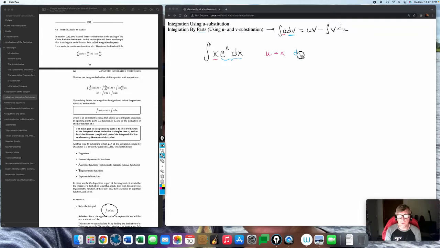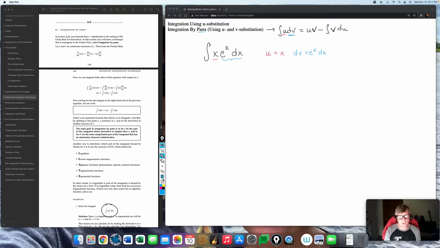So the dv is e to the x dx. So I have part of my integral that's a u and part of the integral that's a dv. And it's very important that you make the right decision as to which part is which. That's where all this comes in, and we'll talk about that in a few minutes.